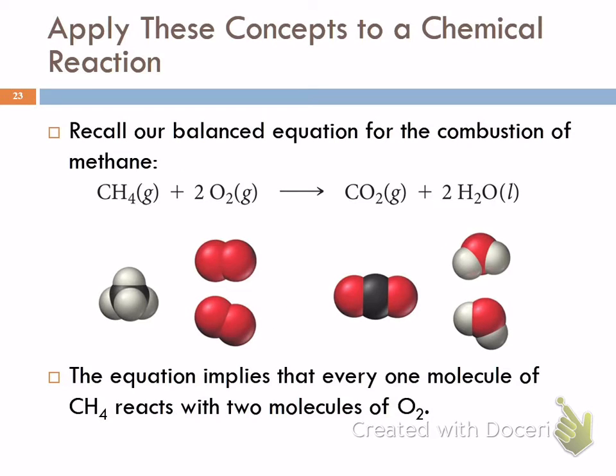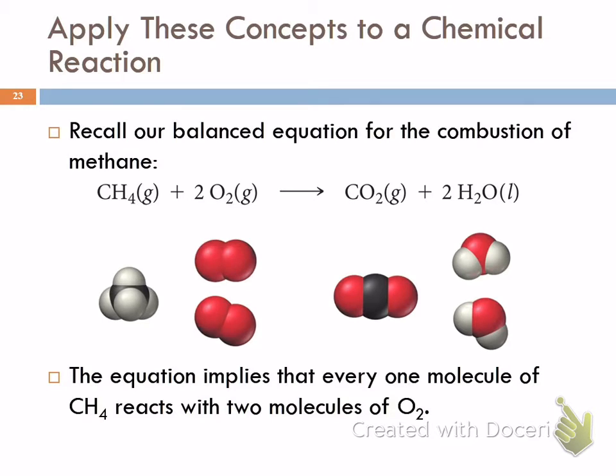Let's look at our little methane combustion reaction. Here we've got methane reacting with oxygen to form CO2 and water. And the equation tells us that if we have 1 molecule of methane, it's going to react with 2 molecules of oxygen.